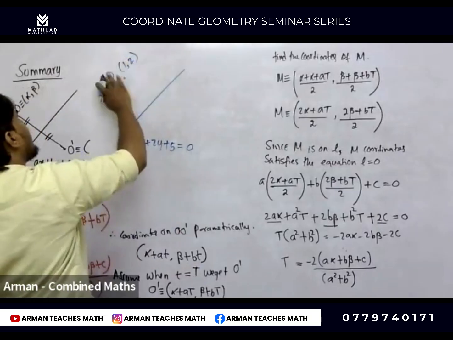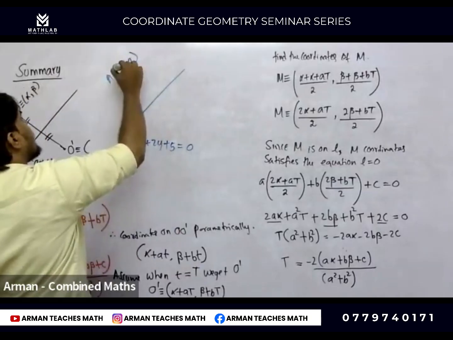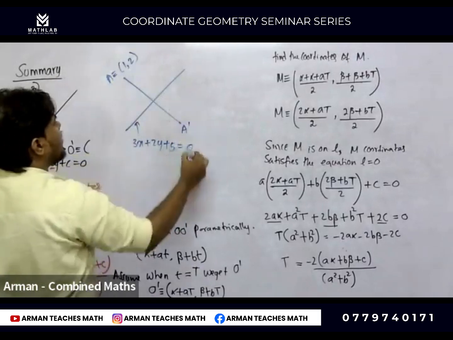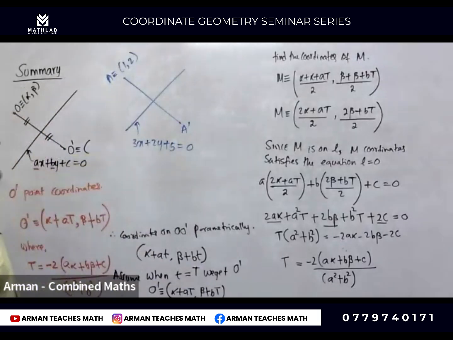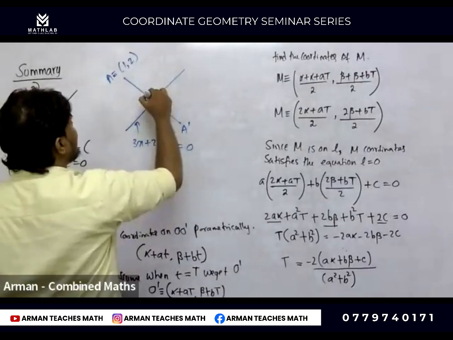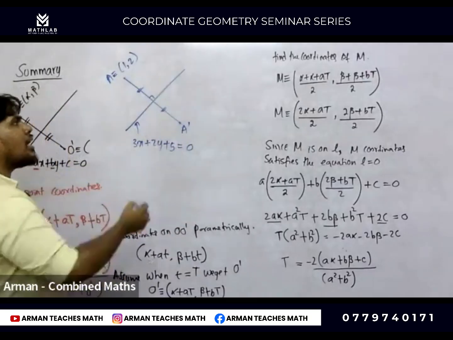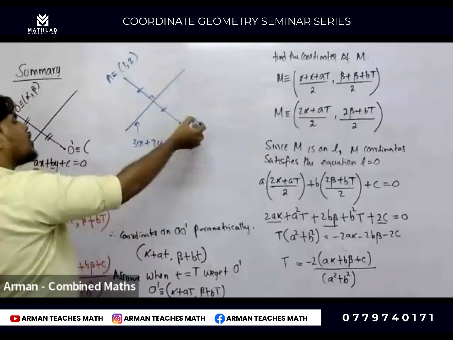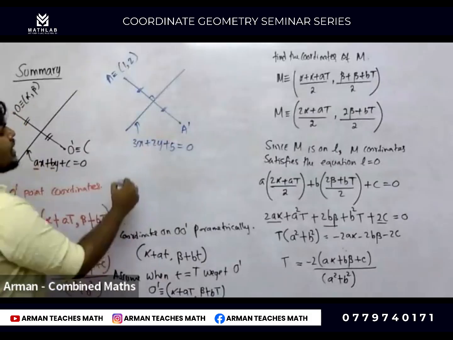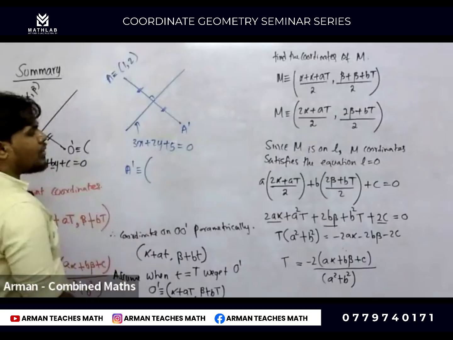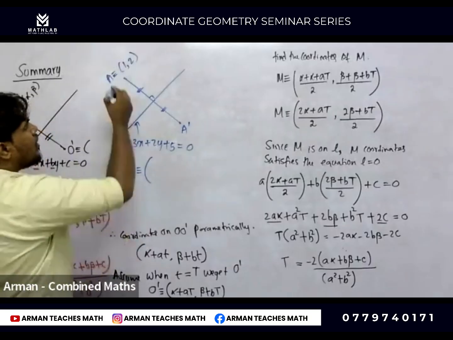We'll take that point as capital A. We need to find the coordinates of its reflection point A dash. We usually denote it as A dash. You have to understand that if these two distances are equal, it's going to be A dash. We can easily write the A dash equation without doing any of the process.